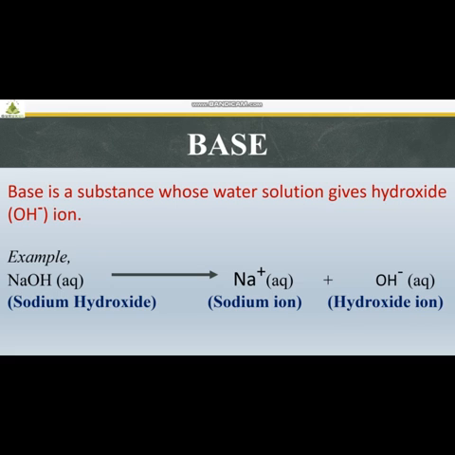It gets dissociated to form sodium ion, that is Na plus, and hydroxide ion, that is OH minus. So a cation and an anion is formed here also. Okay, in acid we have seen the example of hydrochloric acid. In this we have the example of sodium hydroxide. NaOH is sodium hydroxide.